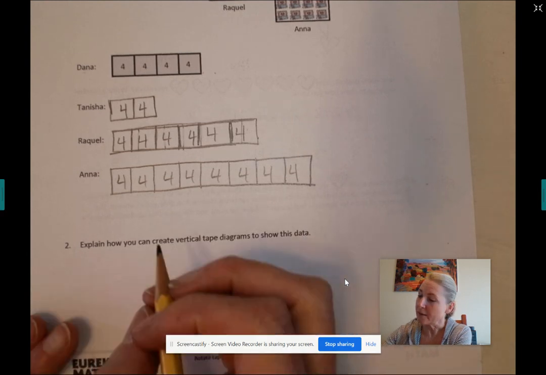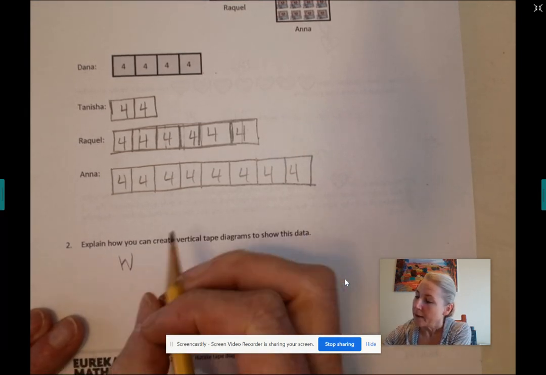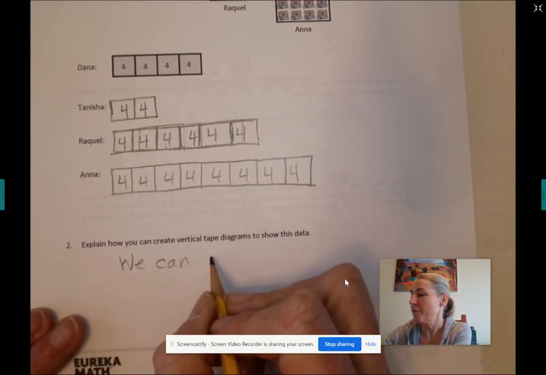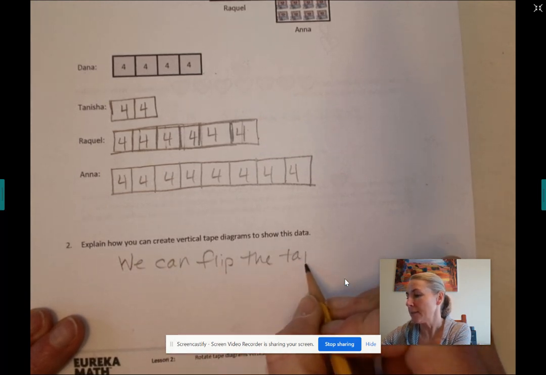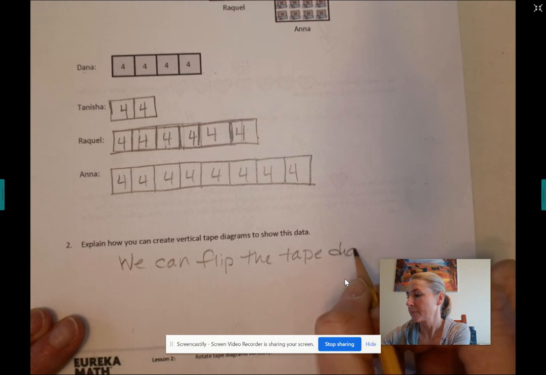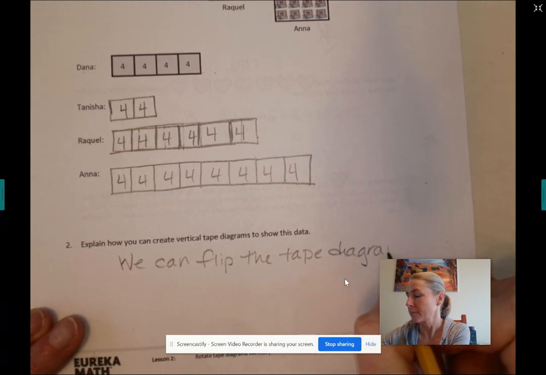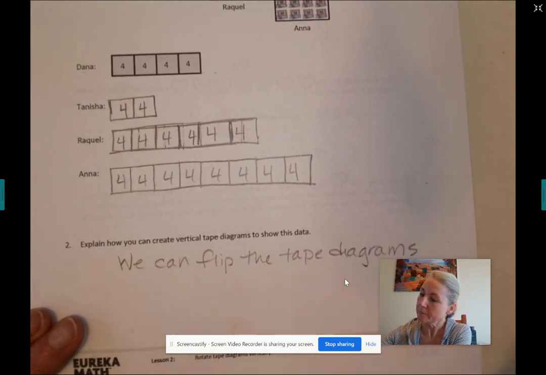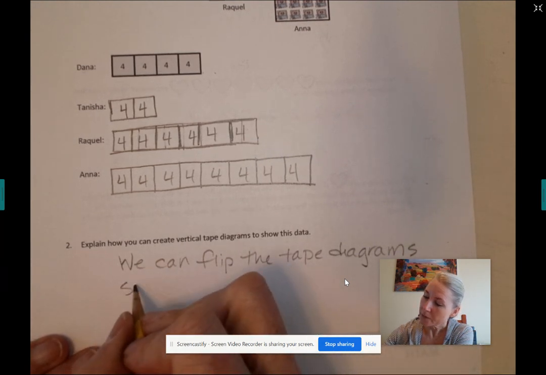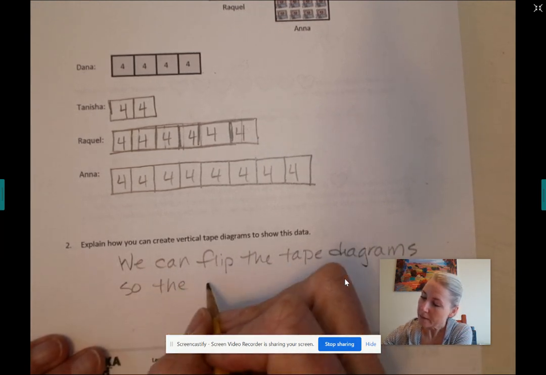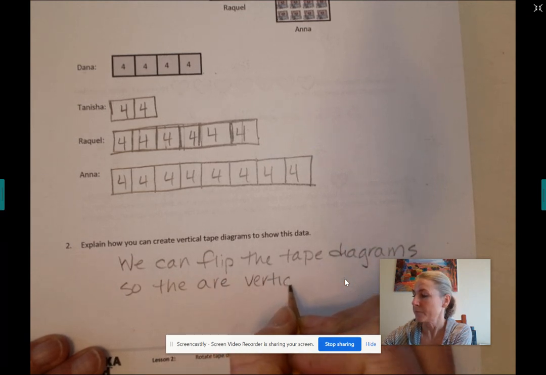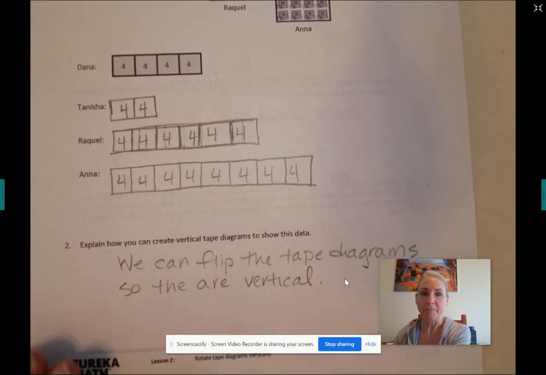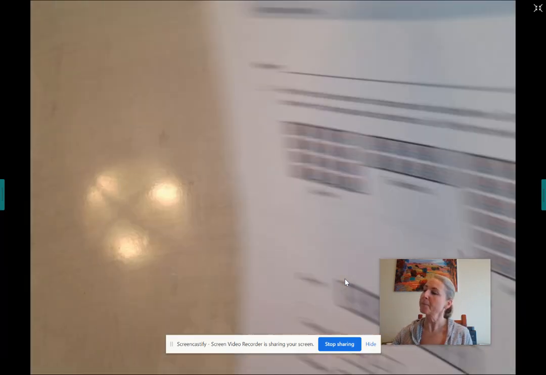We can flip the tape diagrams on their side so they are vertical. And that's it, right? Right now they're horizontal. We flip our paper and they are now vertical.